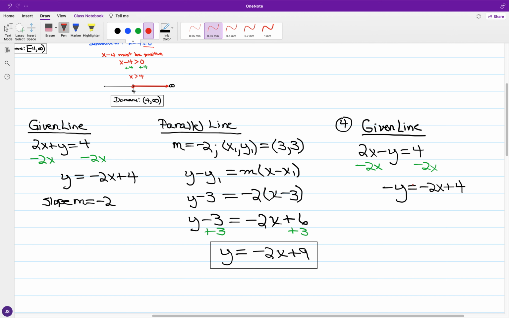And if I follow through by multiplying or dividing the equation by negative 1, so you have the signs of everything change. Okay, so negative y becomes positive y, negative 2x becomes 2x, and 4 becomes negative 4. So for this line, we're going to have the slope is equal to 2.